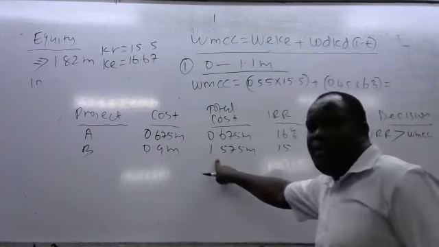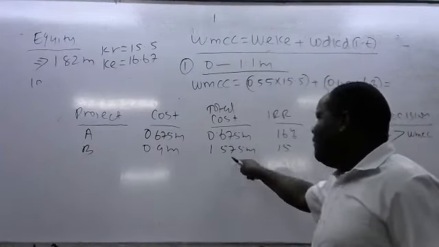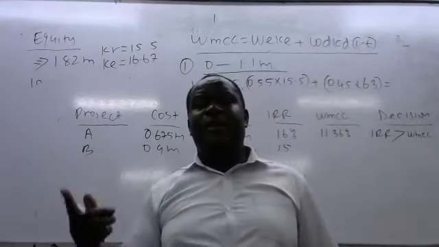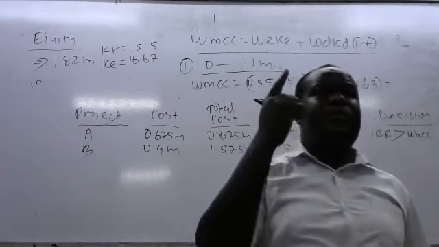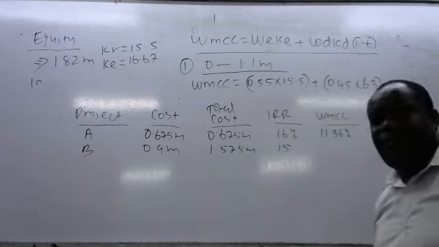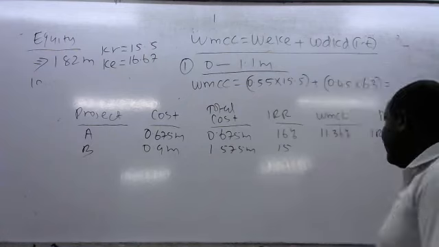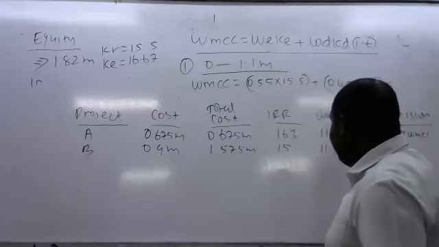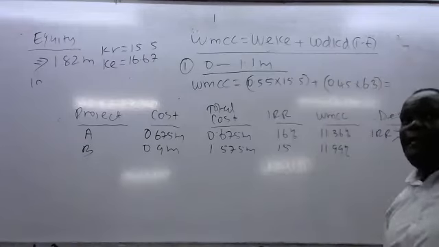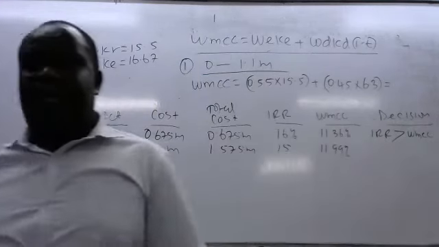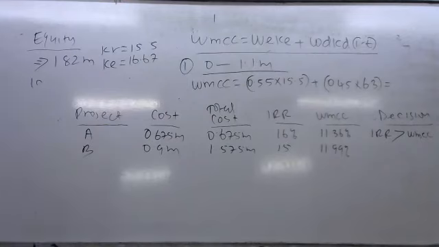So we use 1.575 to identify the WMCC. You can see the range above 1.1 up to 1.82 was giving us a WMCC of 11.99. So even this one you accept, because IRR is greater than WMCC.